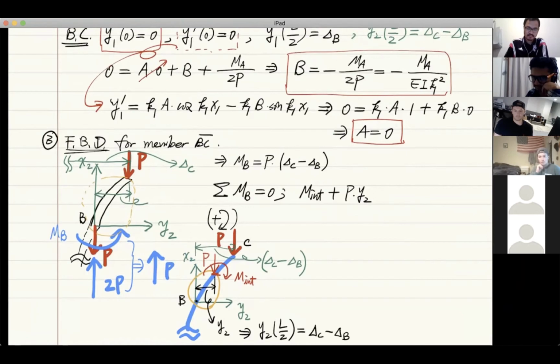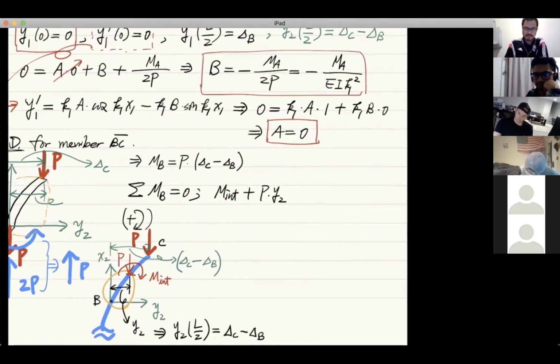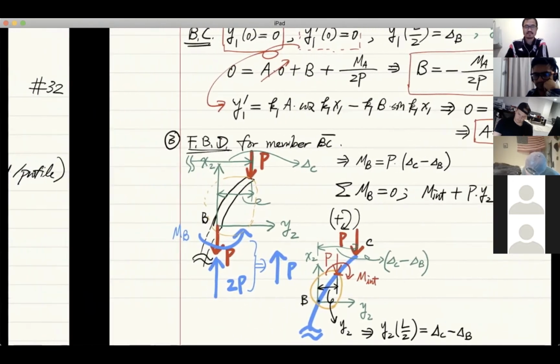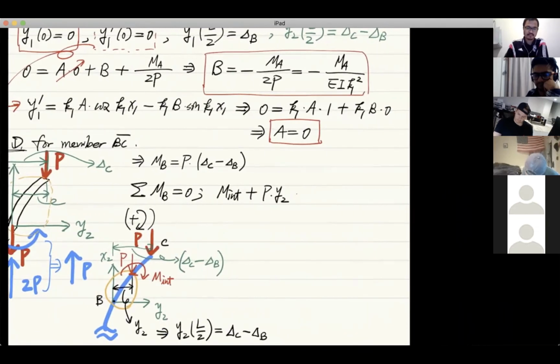That's at the end. So the free body diagram is not at the end, but somewhere. You cut only a section of it. And then here, we still have to consider the moment at point B, and that we know is minus MV. The whole thing must be 0.